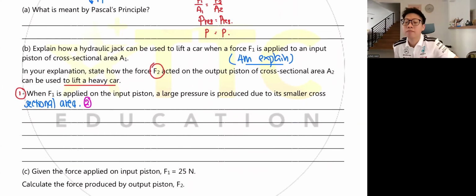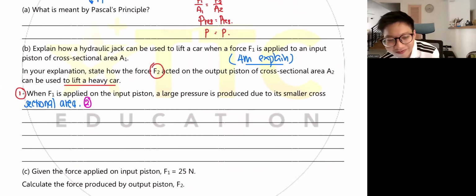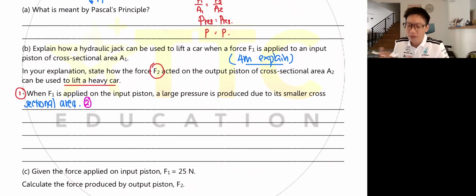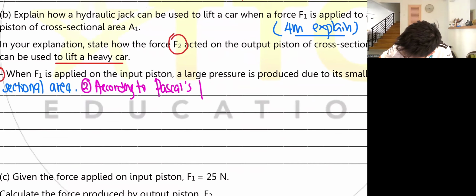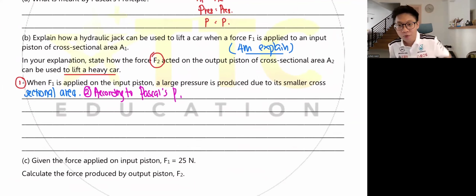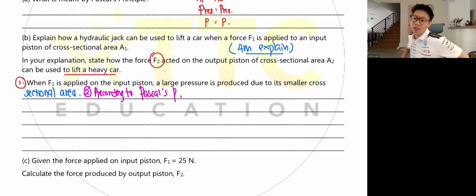Point number 2. Okay, guys, what's the point number 2? So now, if possible, we will write according to Pascal's principle, then we will throw in Pascal principle's definition. I will say 90% of the time, if you throw in the definition, you might get extra marks. Might.